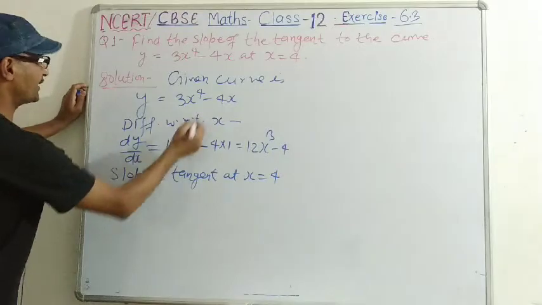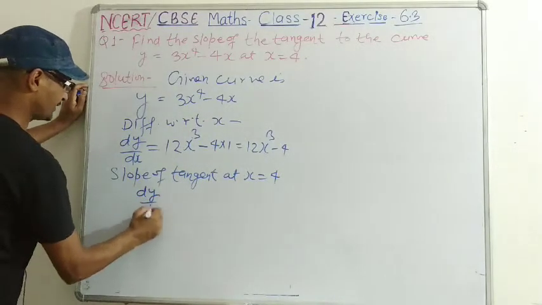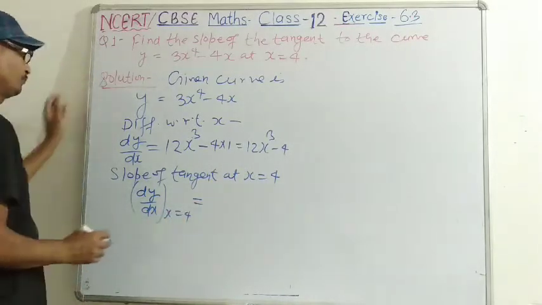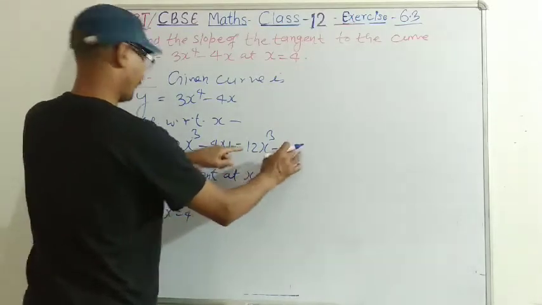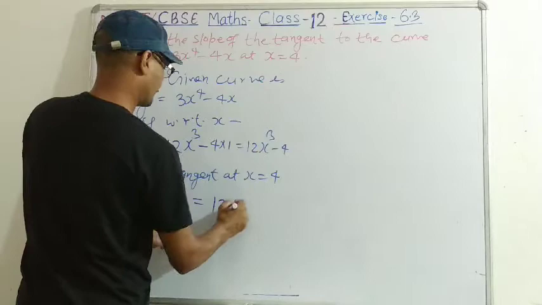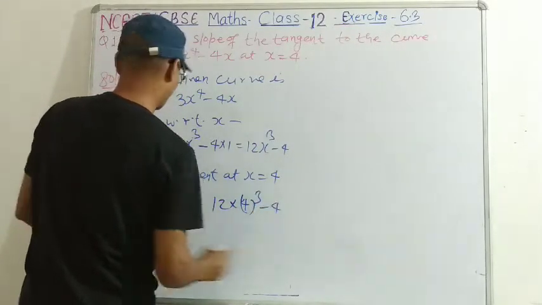So in the place of x we put 4: 12 into 4 cube minus 4.